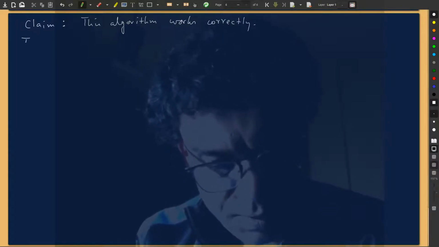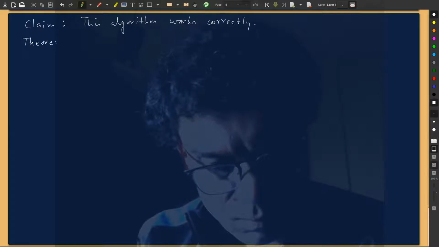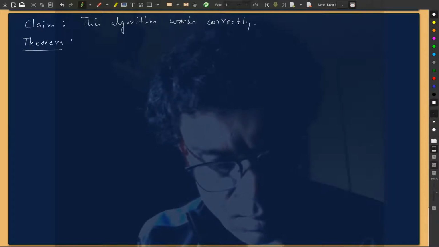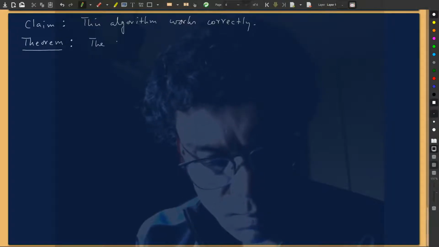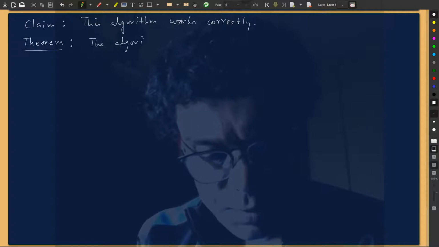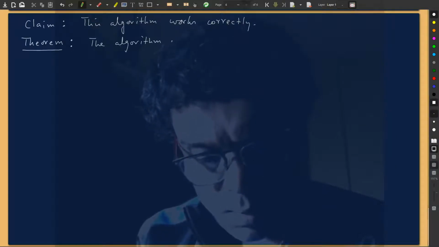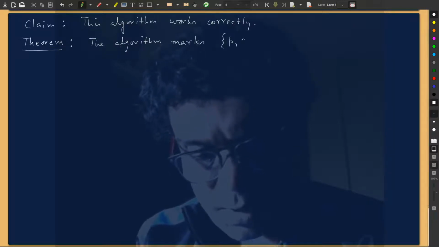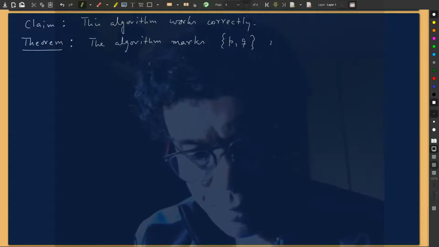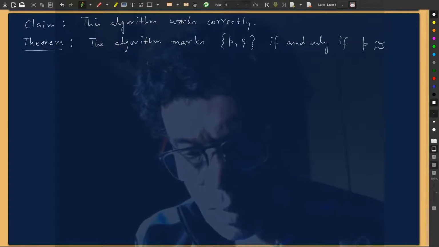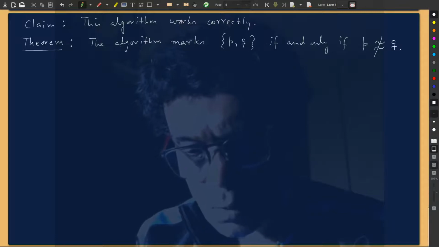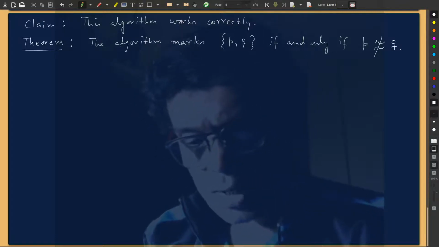That essentially is equivalent to saying that the algorithm marks some unordered pair P and Q if and only if P is not equivalent to Q with respect to that equivalence relation.